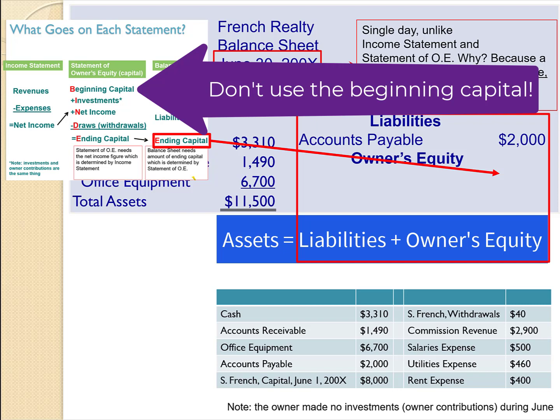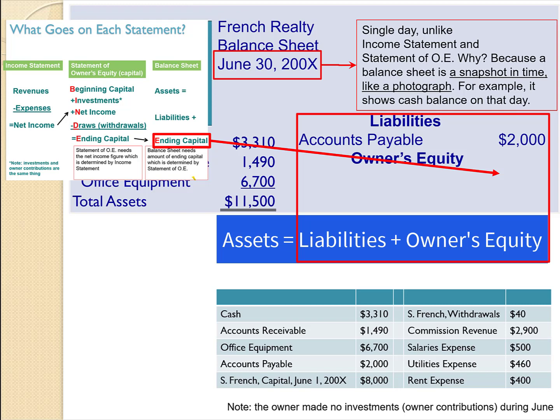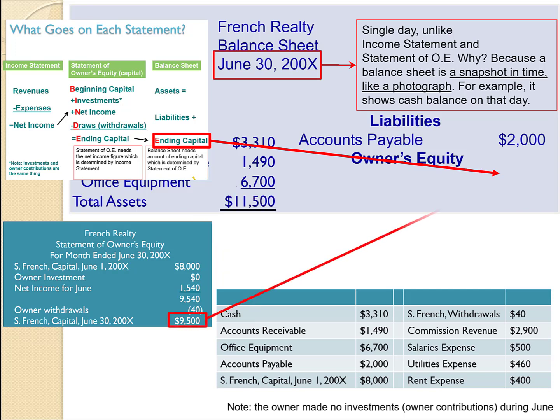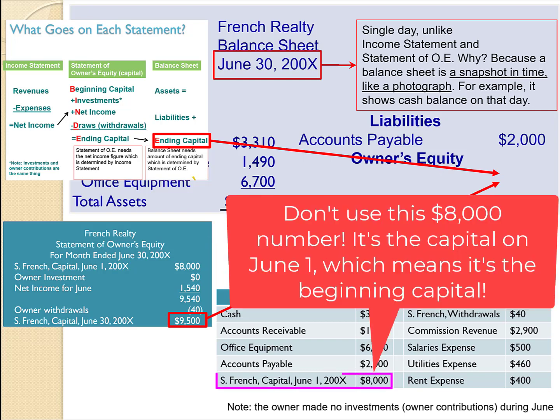So let's look at the statement of owner's equity that we created in a previous video. So here it is. And the amount of capital that we're going to use is $9,500, the ending capital. Do not use the $8,000.